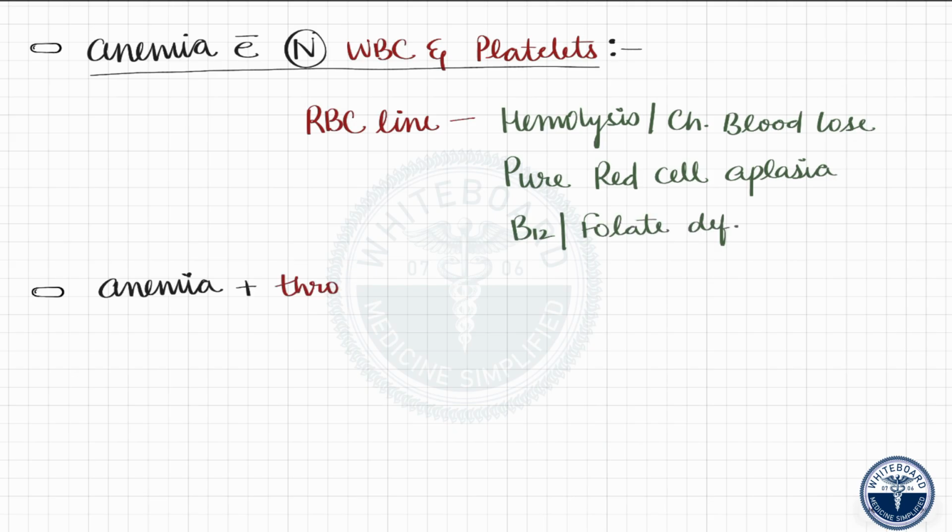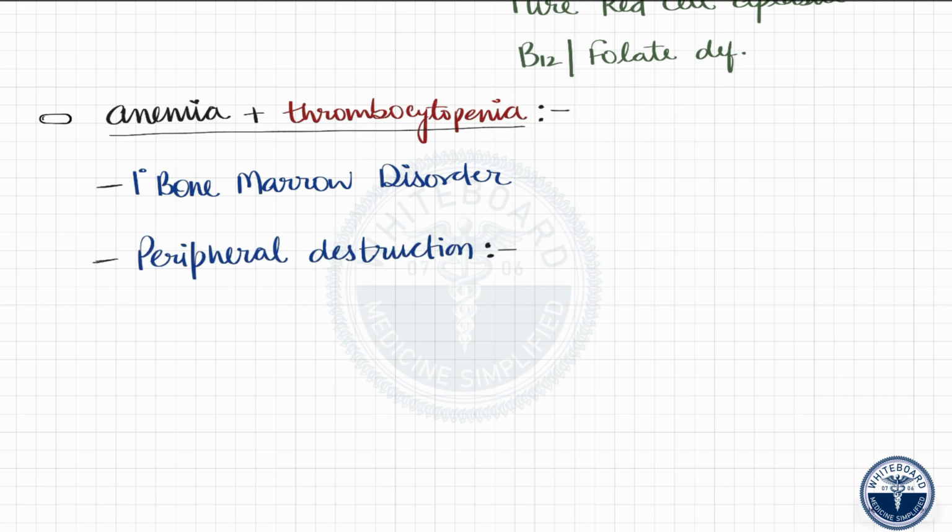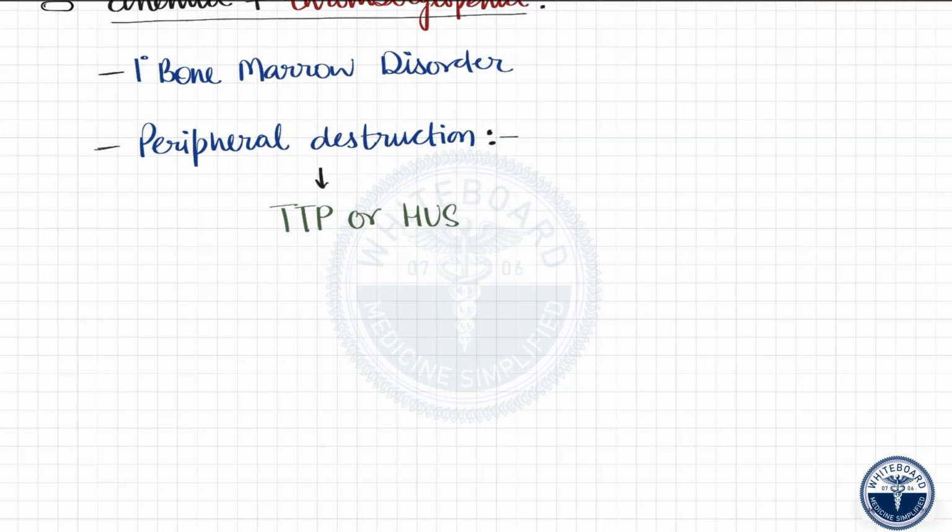However, when anemia is accompanied by thrombocytopenia, it strongly suggests either a primary bone marrow disorder or rapid peripheral destruction. Conditions like thrombotic thrombocytopenic purpura or hemolytic uremic syndrome cause mechanical destruction of RBCs and platelets.